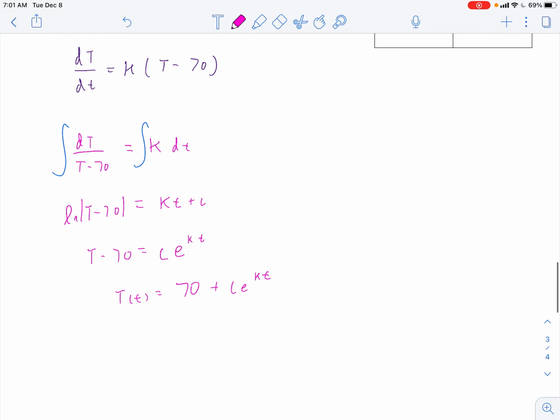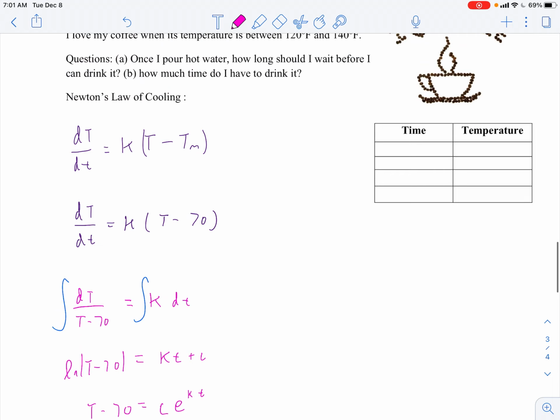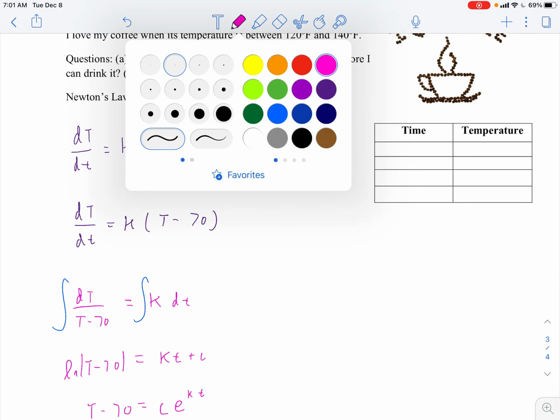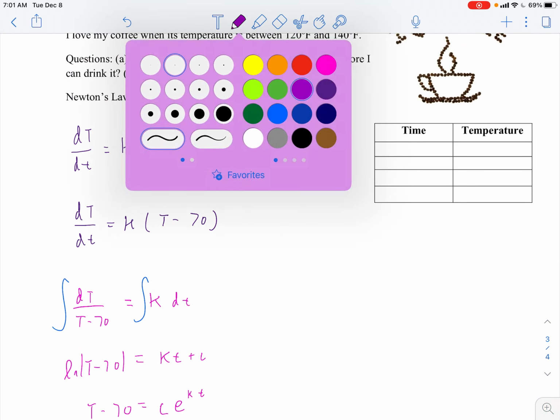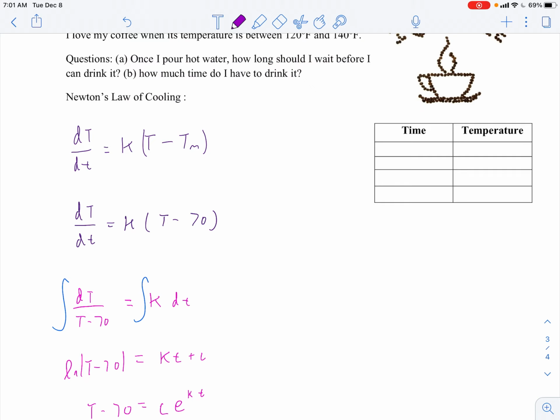We know that when I boil my tea, it has to get to 180 degrees, but I like to make sure that it's hot. So at t sub 0, the water that we're going to pour in to start our coffee is going to be 200 degrees Fahrenheit.